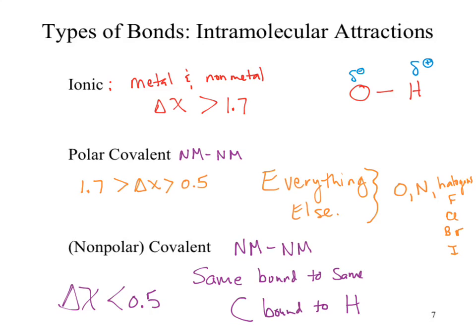What makes things stable? Low energy. What makes things low energy? Neutral. So when we look at the bond between oxygen and hydrogen, we can say that bond is reactive because it's not neutral. We have that negative, we have that positive. Those things can go out and react and do something.